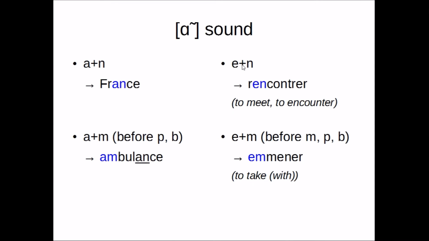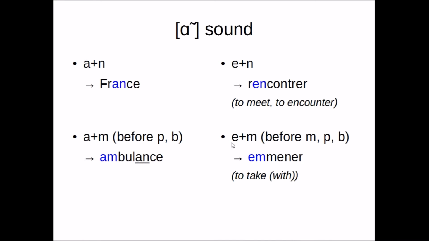Here it's en, and rencontrer. So it's en. Rencontrer. France. Ambulance. Emmener. So here it's written with an M, just because it's before a P or a B. So ambulance, you don't write an, you write am, and emmener.